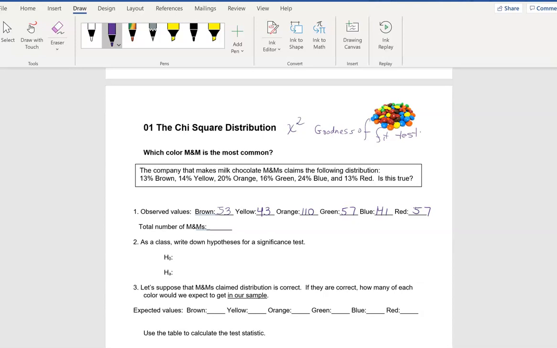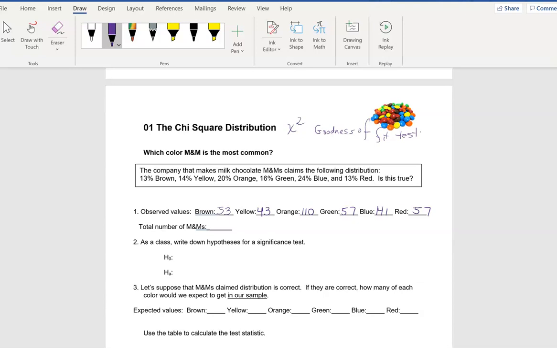M&M Mars says that its M&Ms follow the following distribution: 13% brown, 14% yellow, 20% orange, 16% green, 24% blue, and 13% red. We're not quite sure if this is true anymore, so we investigate.